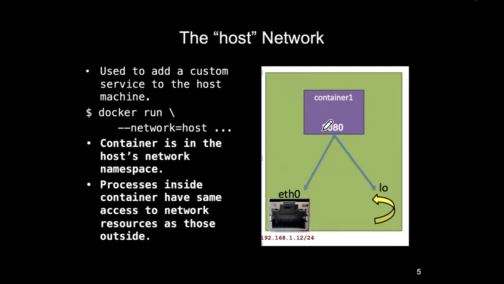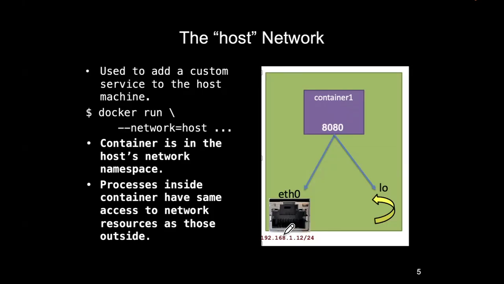Let's suppose we started this container and it is running some type of web application, and the web server running inside this container is listening on port 8080. Now, because we've added this container to the host Docker network, effectively this container's IP address is the IP address of the host machine itself.